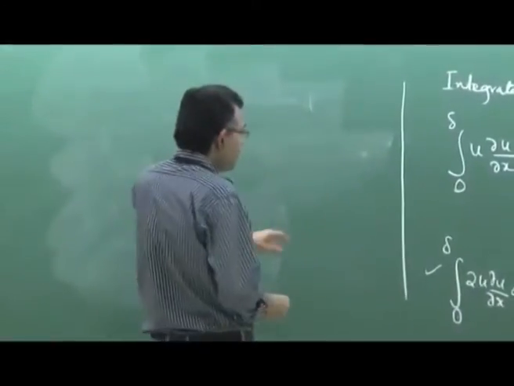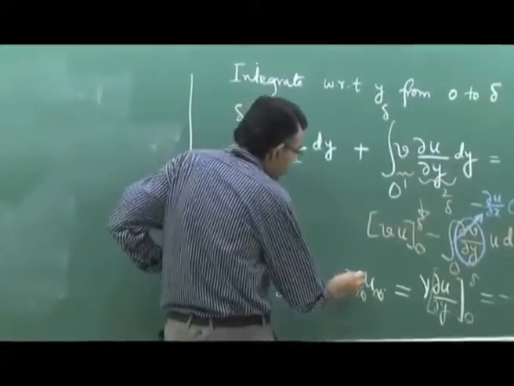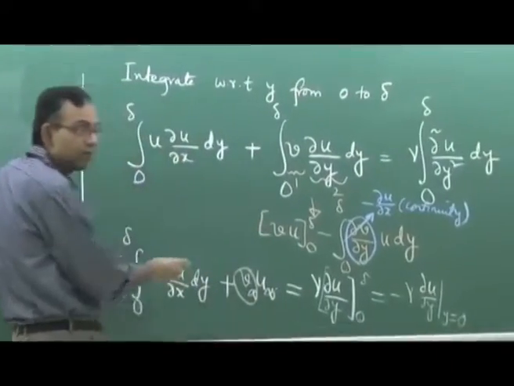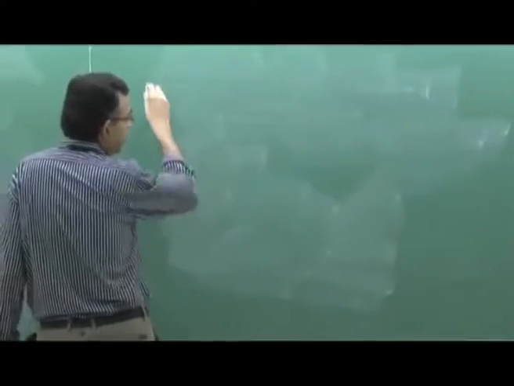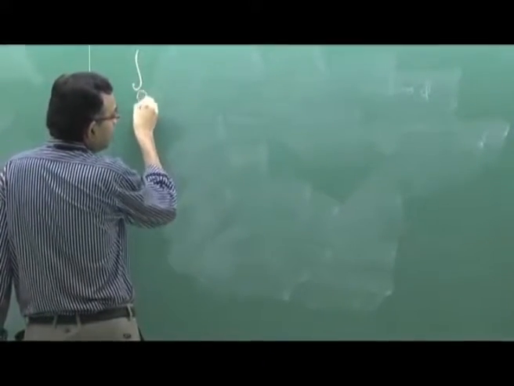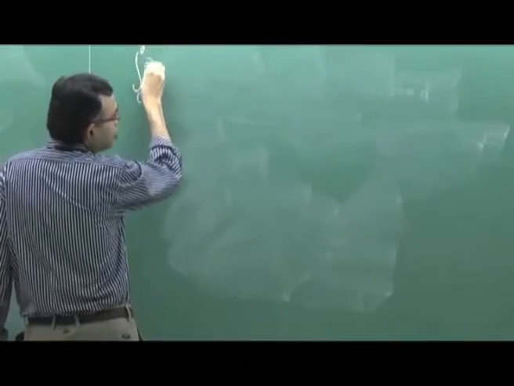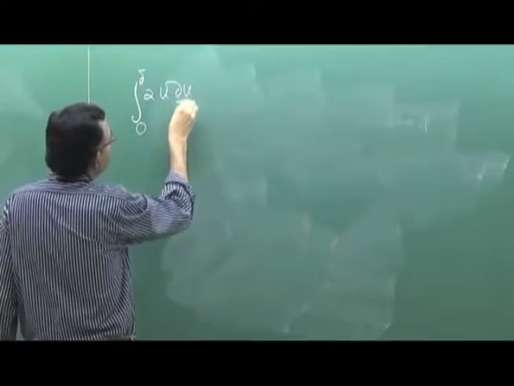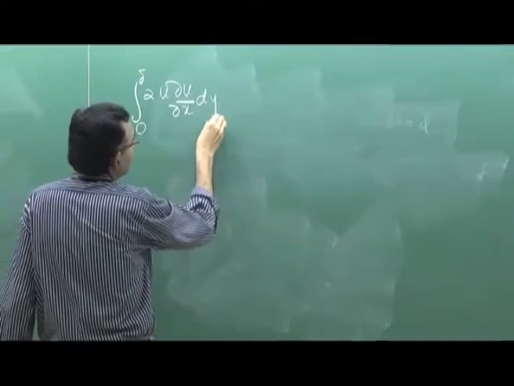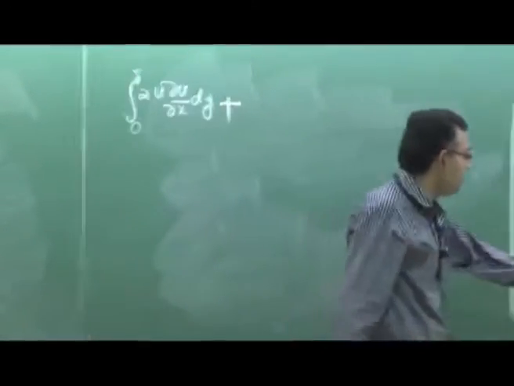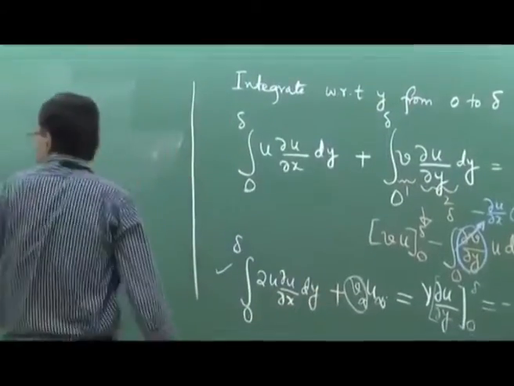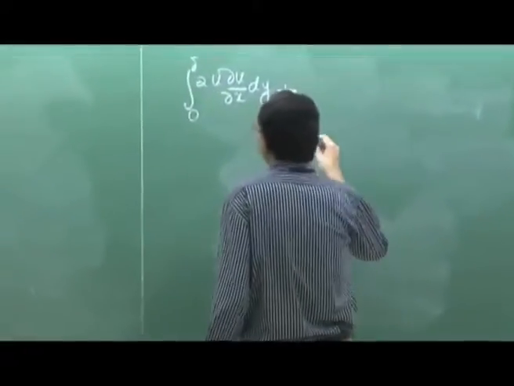In this equation we will substitute the V infinity which we have got from the continuity equation. So, that will become integral of 0 to delta 2 u del u del x dy plus, in place of V infinity, we will write minus del u del x dy.